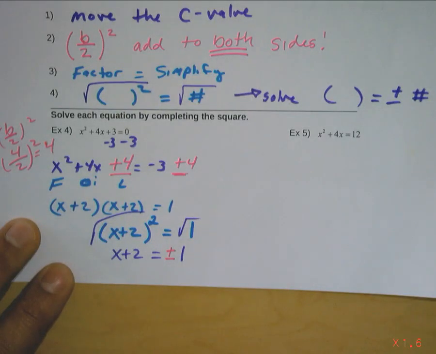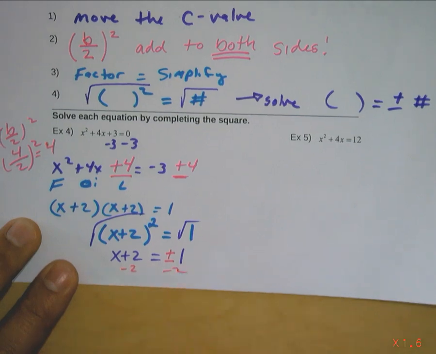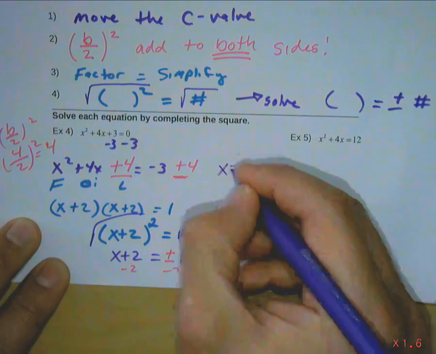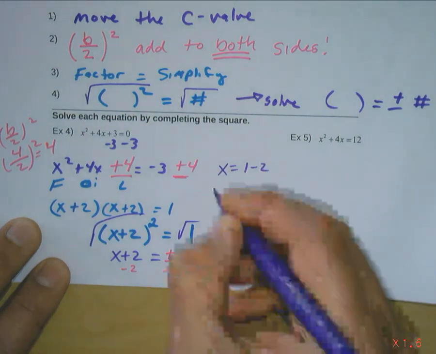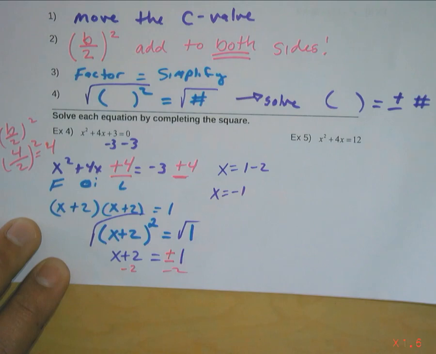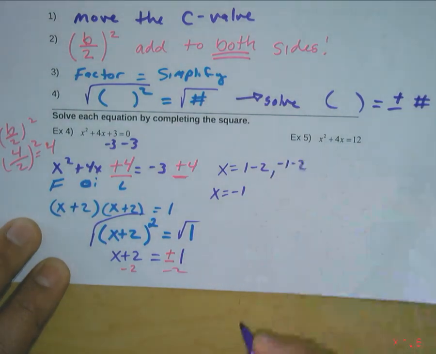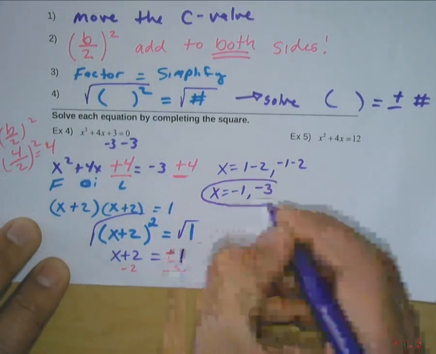And now we want to isolate the x, get the x by itself. So I'm going to go ahead and subtract 2. And I get, if you need to write this out, 1 minus 2, which is negative 1. And then you also get negative 1 minus 2, which is negative 3. So I get 2 solutions there.